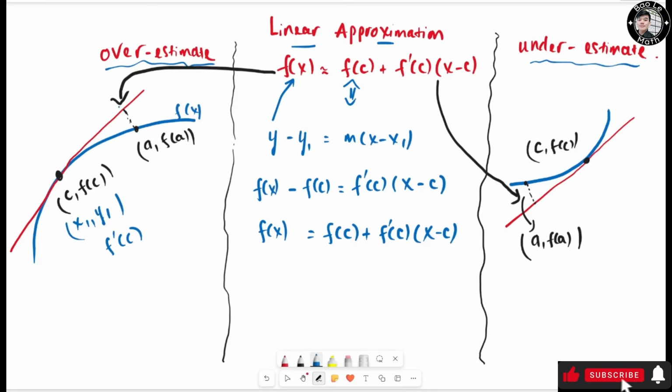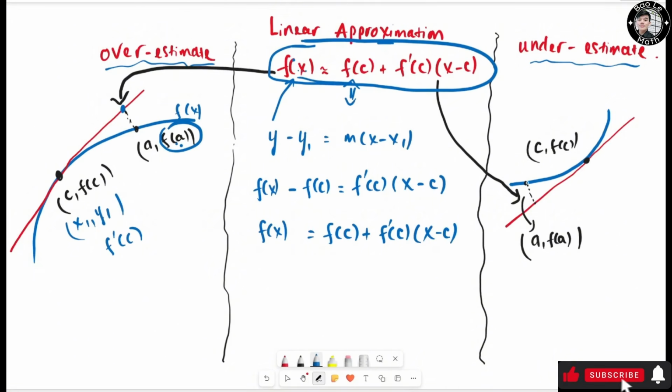Now you have the tangent line right here, and if the function is concave down and the tangent line is above the function, we can say that this one is an overestimate, right? At the point a right here, we have f of a right here. So this guy is above this guy.